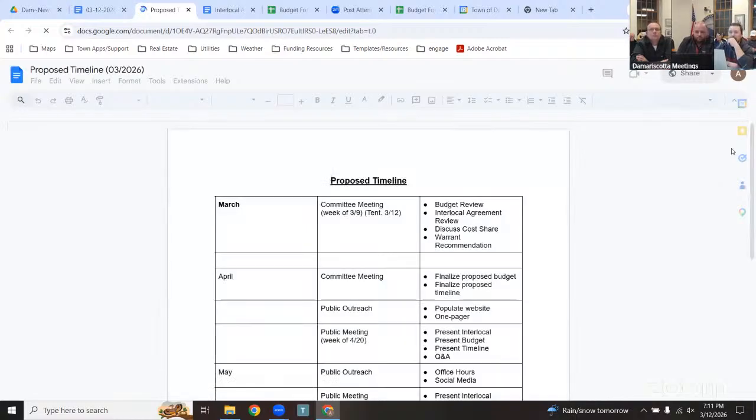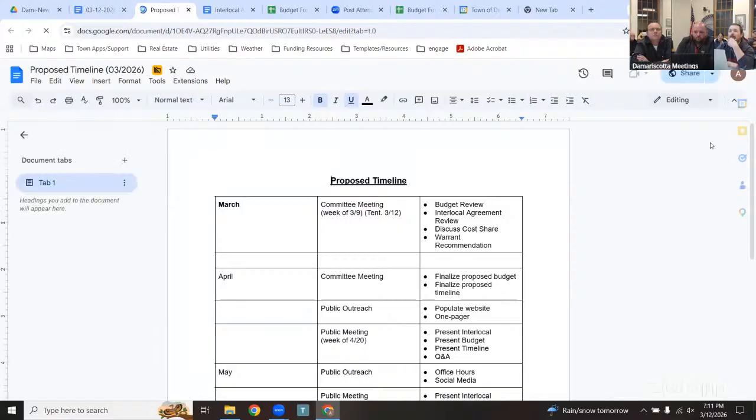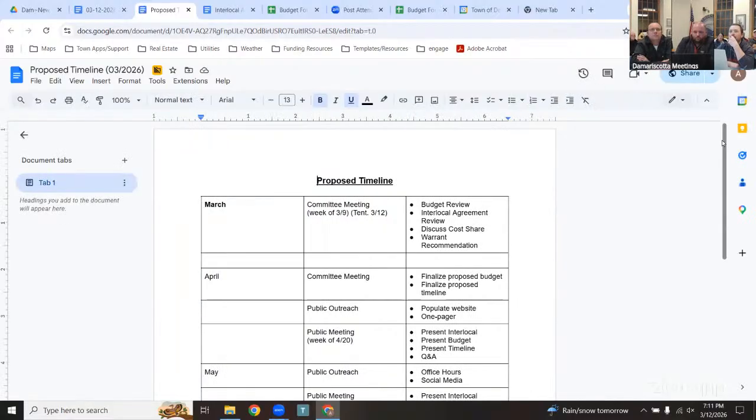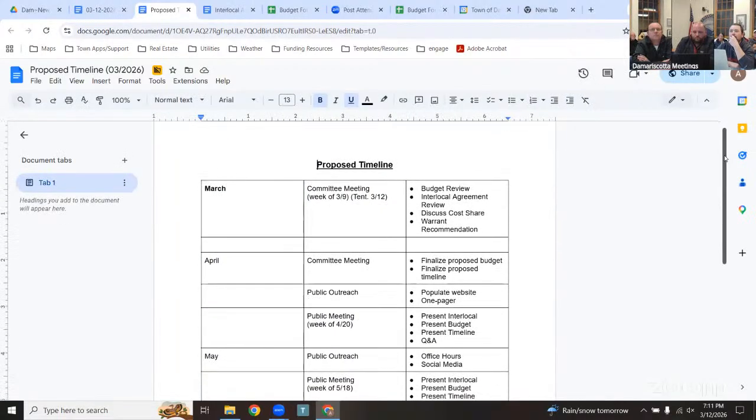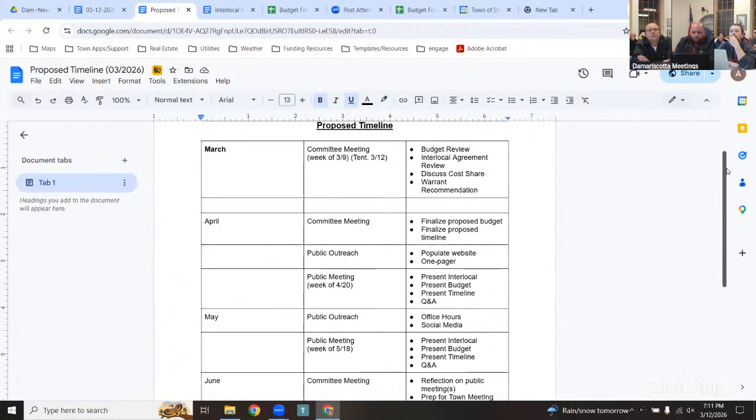If we wanted to do this, we need to have a joint public meeting. Would that be the select board meeting or select boards' meeting, to present that to them? You could do it in April.